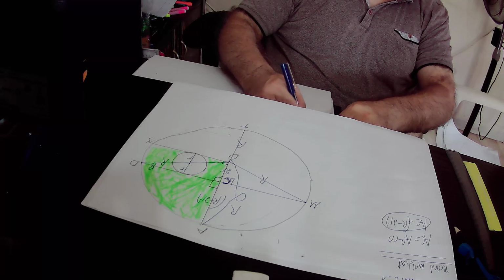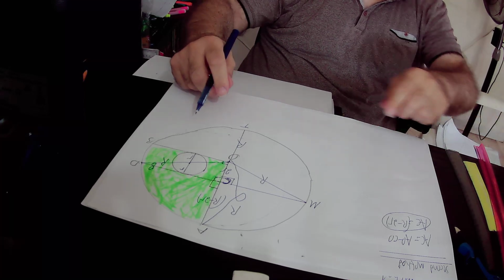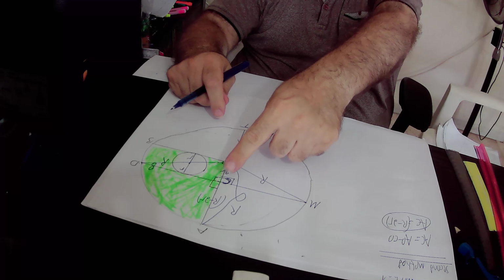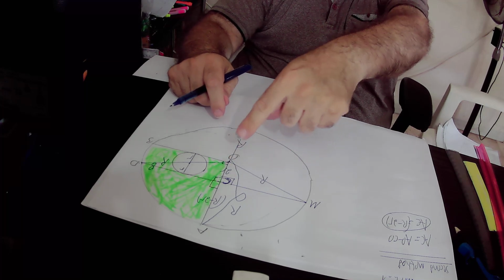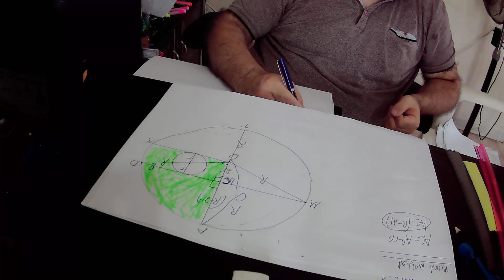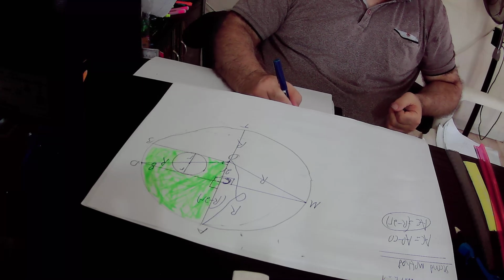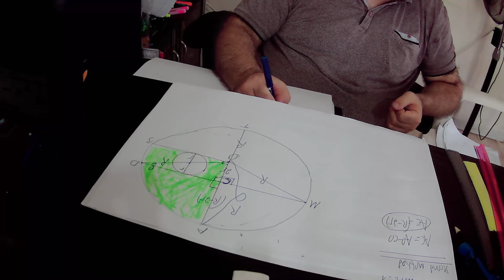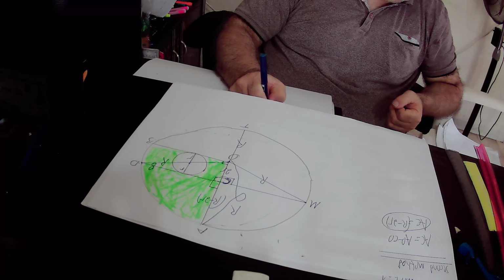Why are those two right triangles congruent to each other? First of all, CO is a common side that belongs to both triangles, so CO equals CO.